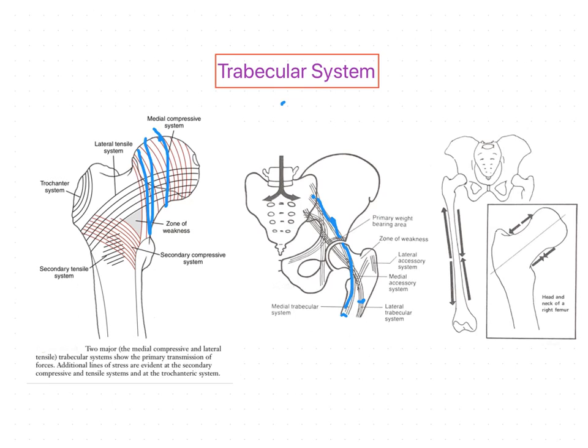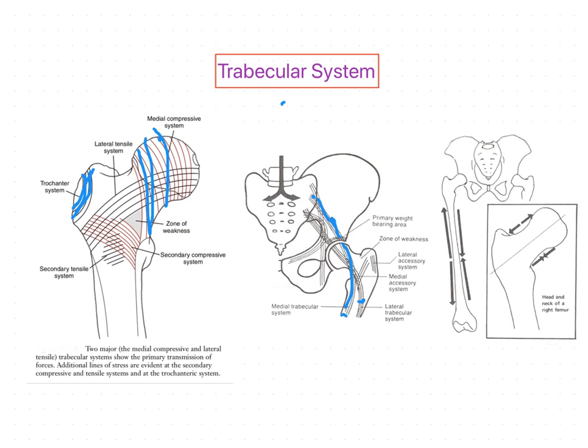And also there are two accessory trabecular systems, of which one is considered compressive and the other is considered tensile. And another secondary trabecular system is confined to the trochanteric area of the femur. So you can see the trochanteric area of the femur.